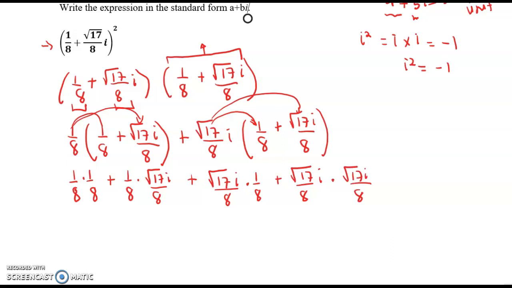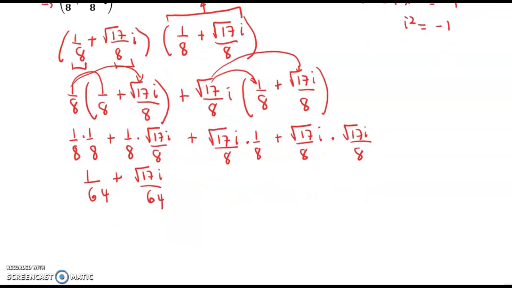So 1/8 times 1/8 gives you 1/64, plus you have square root of 17i/64. So 1/8 times square root of 17i/8 gives you square root of 17i/64. Plus, these two would also give you square root of 17i/64.